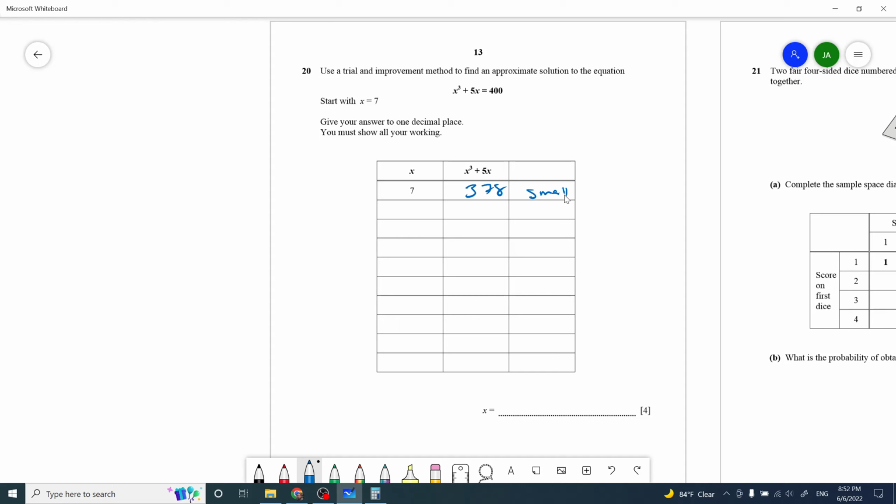Okay, why don't we try, I don't know, 8 is going to be fairly big. We have a cubed here. So let's try 7.2. Why don't we? Okay.